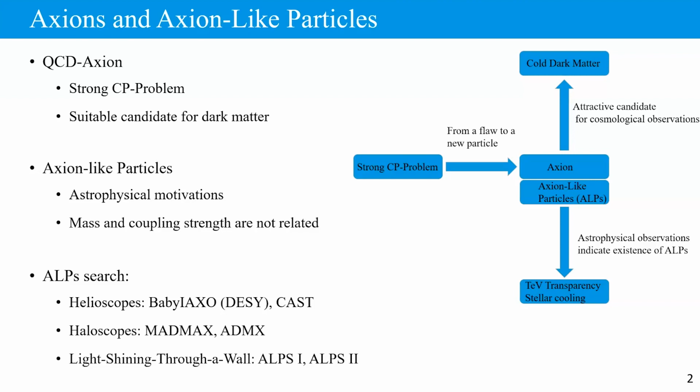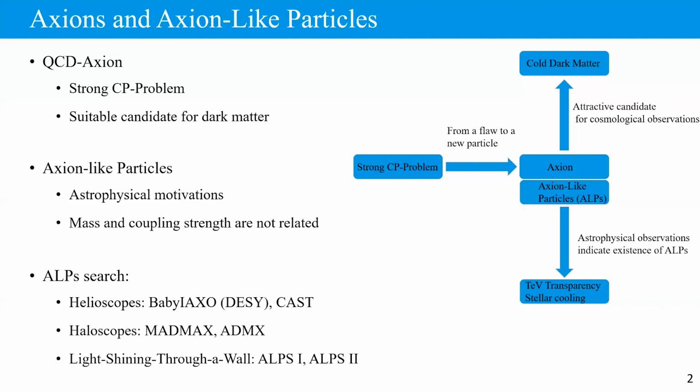Those two categories aim to detect axions from the core of our sun and from the dark matter halo of our galaxy. They are model dependent. Their success also depends on the way you model the axion source.